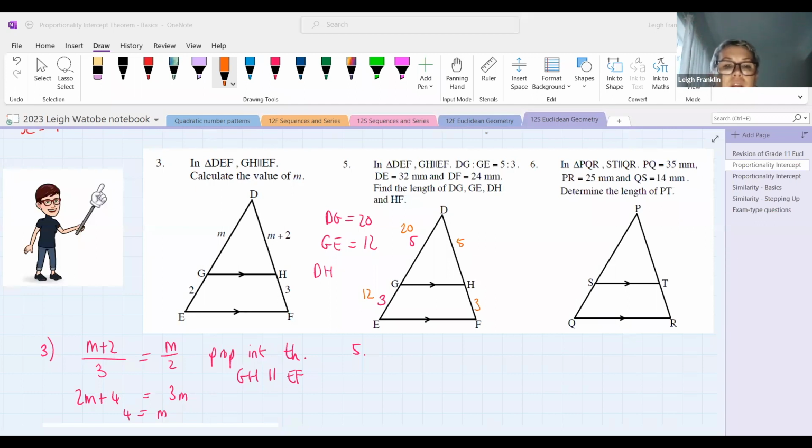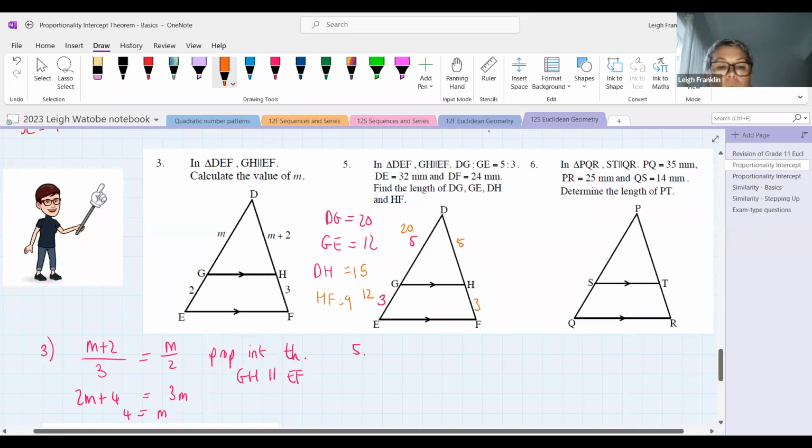DH is 15, that's quite right. Good, well done. And then I see some of you, HF is 9. Well done. Yes, lovely. Good job. Well done, everybody. Very nice. Anybody been able to work out the length of PT in question number 6?